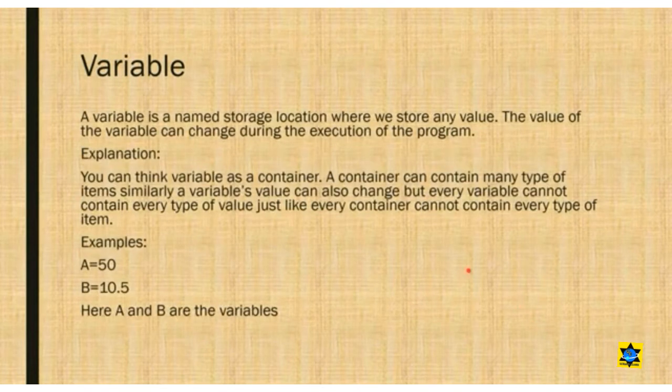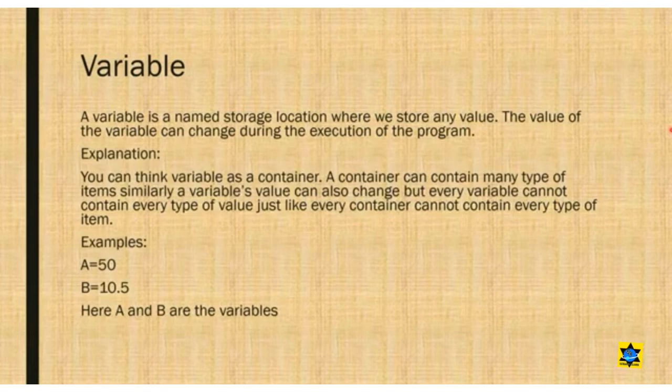A variable is a named storage location where we can store any value. The value of the variable can change during the execution of the program. So we can say that a variable is a container. It's like a container. Like in a container we keep any item, similarly in a variable we can store anything.